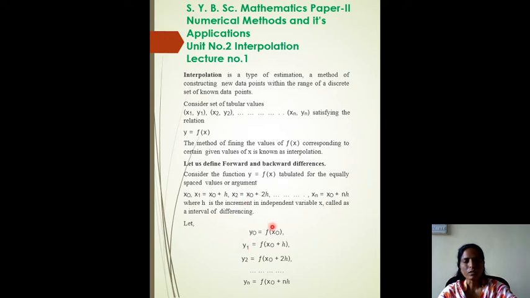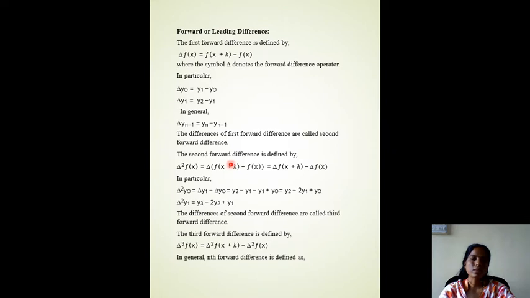Now the value of f of x0, you call this as y0. Then y1 is f of x0 plus h, y2 is f of x0 plus twice h, etc., yn is f of x0 plus nh. So let us see the forward difference or leading differences.